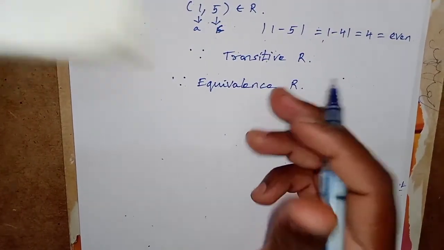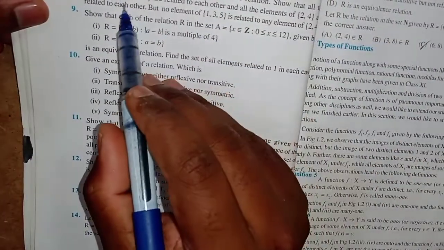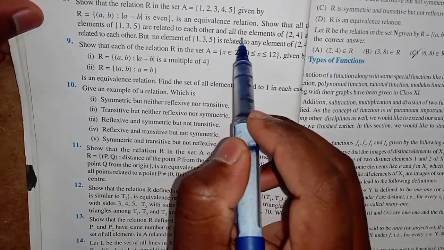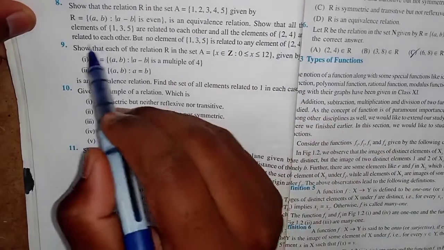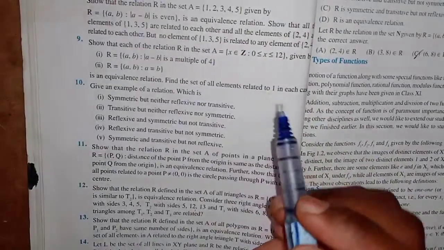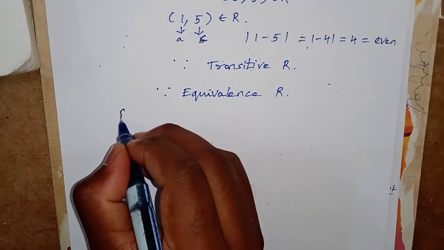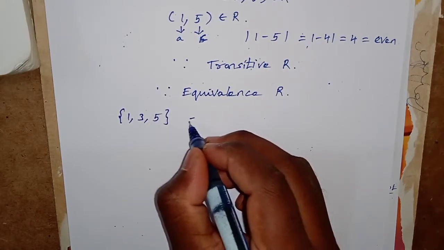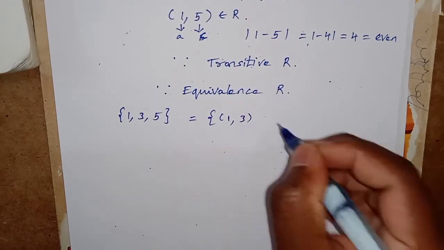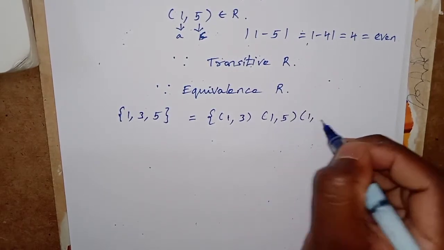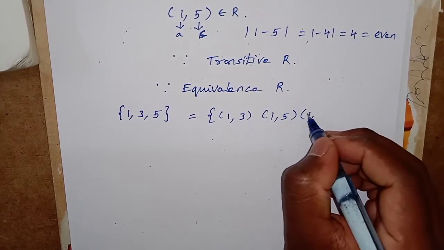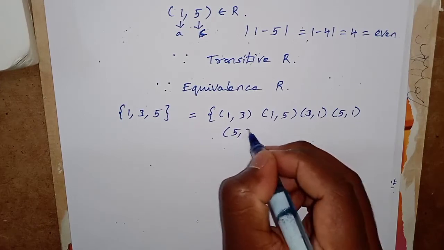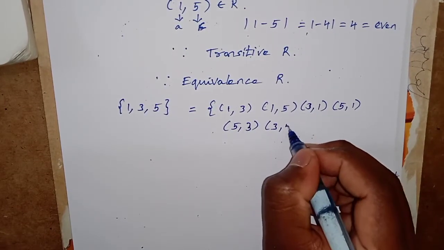Next, in question number 8, show that all elements of {1, 3, 5} are related to each other and all elements of {2, 4} are related to each other. If 1, 3, 5 should be related to each other, that means (1, 3), (1, 5), again (3, 1), (5, 1), (5, 3), (3, 5).